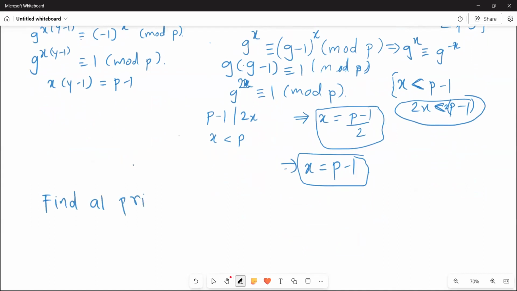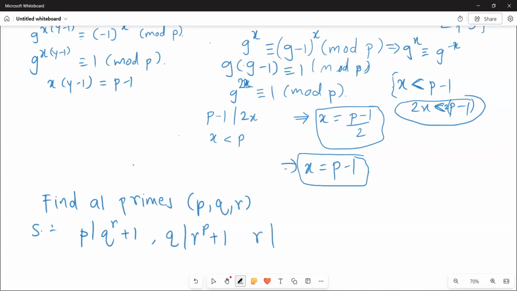Find all triples of primes p, q, r such that p divides q to the power r plus 1, q divides r to the power p plus 1, and r divides p to the power q plus 1.